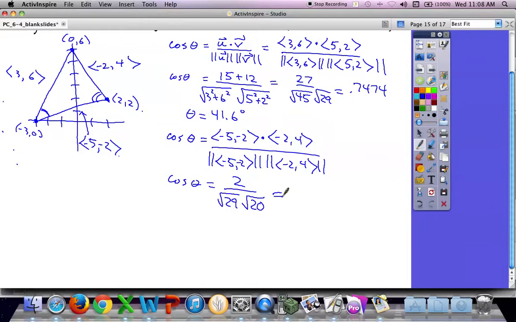So turn that into 2 divided by the square root of 29 divided by the square root of 20, which is 0.0830. So theta equals 85.2.